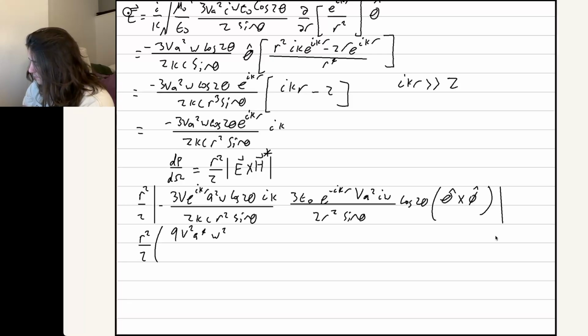I end up with 2 factors of i, which will give you -1, but they didn't take the magnitude, so it's just 1, pretty much. And then on the bottom, you'll have 4kc r 4th sine squared theta, and then you'll end up with 2 factors of cosine 2 theta.